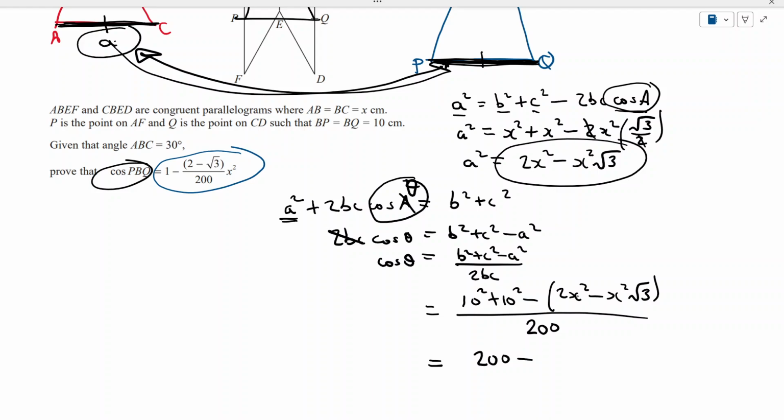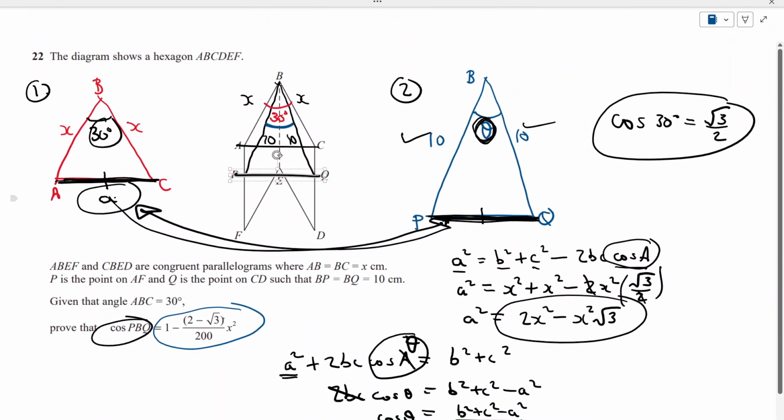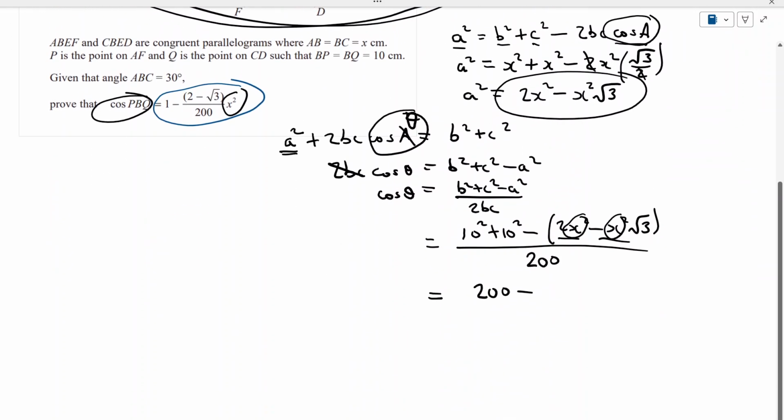Now I'm going to factorize x squared from these two terms because we've got an x squared on its own here. So take out the x squared, factorizing, leaving you with 2 minus root 3, all over 200. Not quite as it looks here.